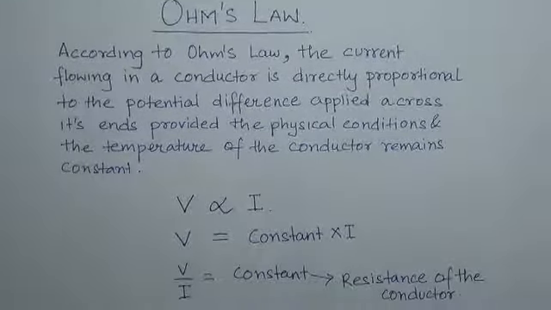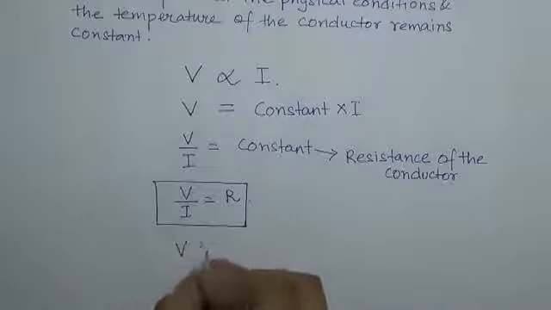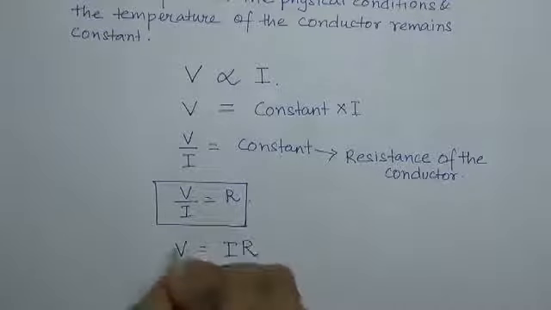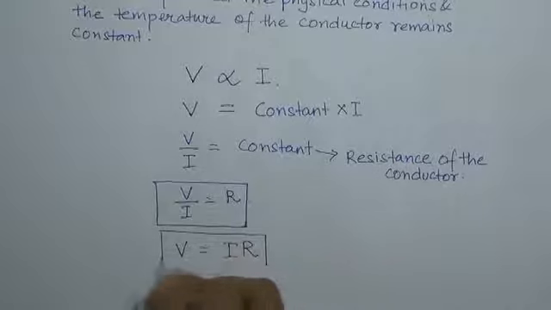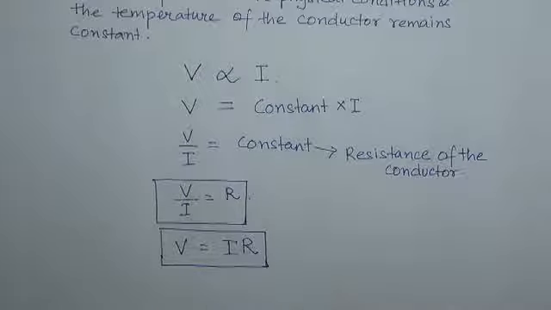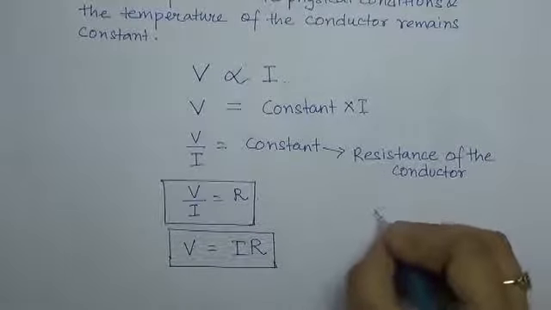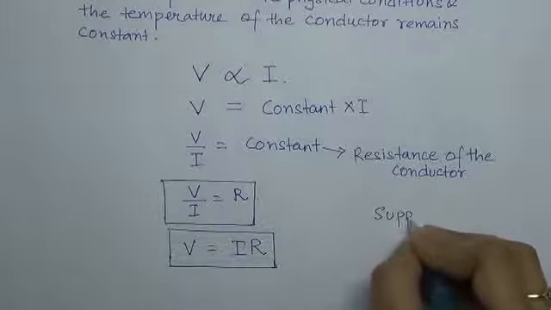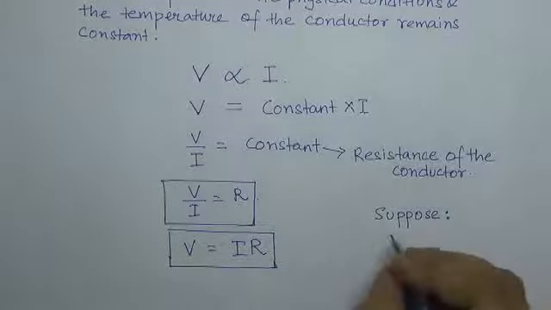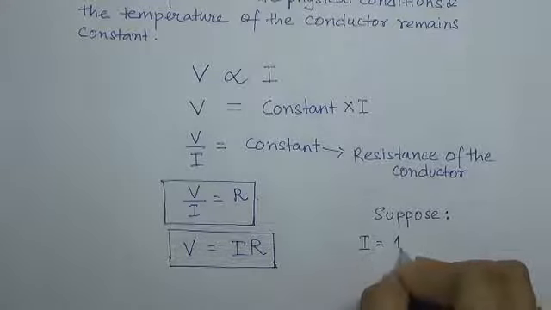You can also write the same equation as V, take I to the right hand side. So V is equal to IR. Okay. Now suppose you have the current I is equal to 1.